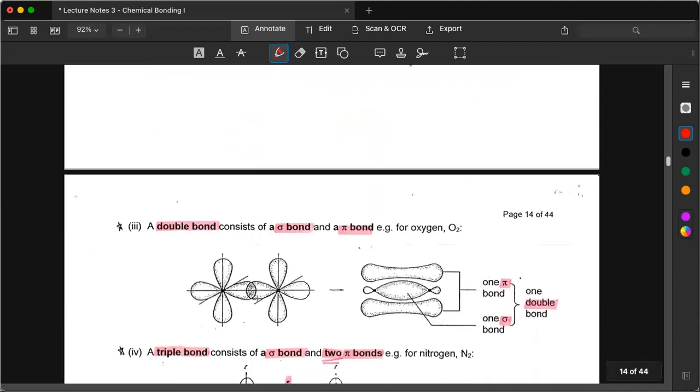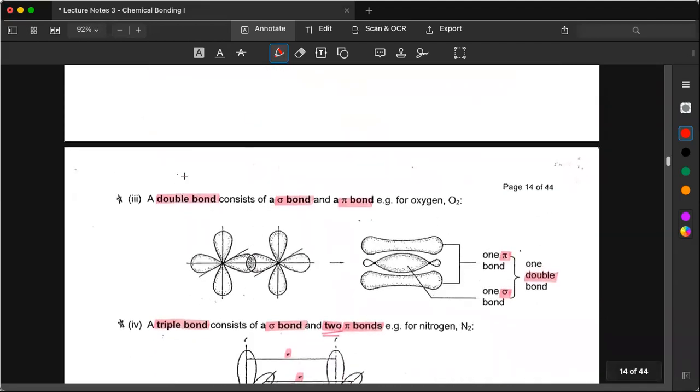So for example, in a double bond, one of them is a sigma bond, the other is a pi bond. In a double bond between oxygen atoms, for example, we have the orbitals overlapping head-to-head, sigma, and the other bond above and below the axis, pi bond.